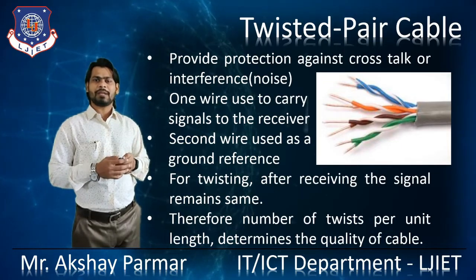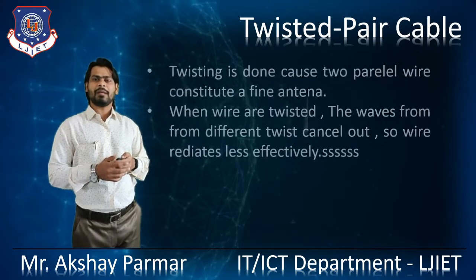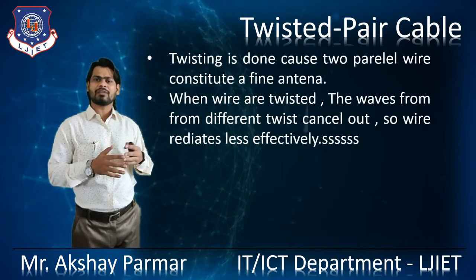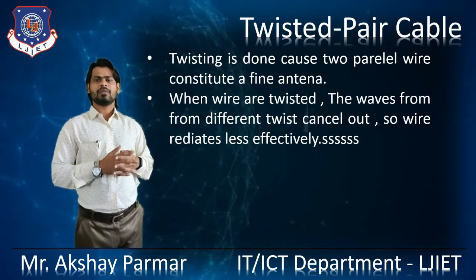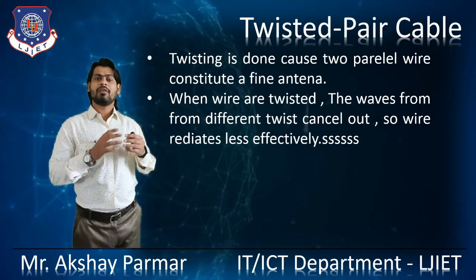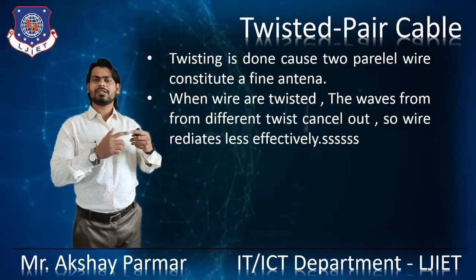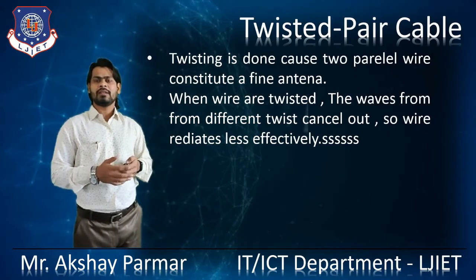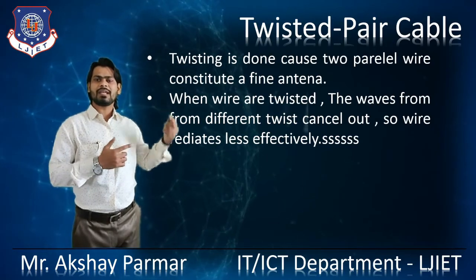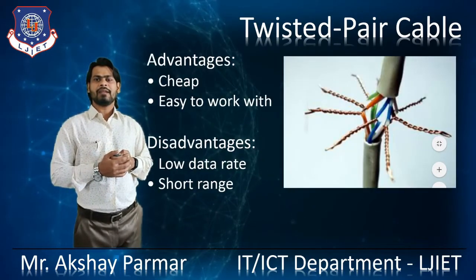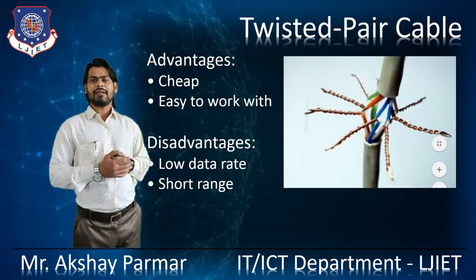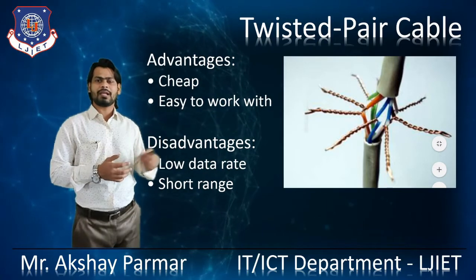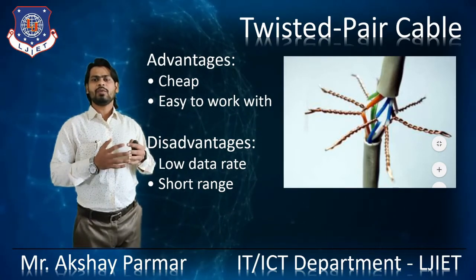So this is about the twisted pair cable, and let's see its two subtypes, right? Twisting is done because two parallel wires constitute a fine antenna. When the wires are twisted, the waves from the different twists cancel out, so the wire radiates less efficiently, right? That's why we twist the cable. The main advantages of the twisted pair cable are that it is cheaper compared to other cabling technology and easy to work with.